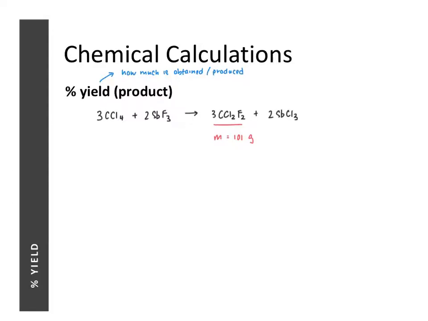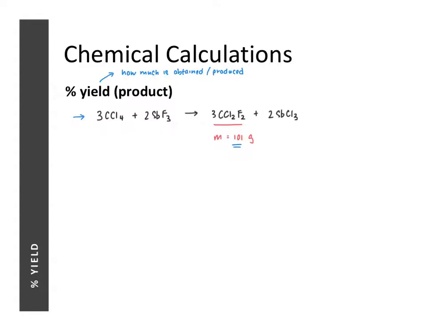Based on that, let me bring you back to one of the calculations that was performed in the previous lesson. In the previous lesson, we were looking at this particular reaction, and we performed calculations and found out that the mass of product that we will get is 101 grams.